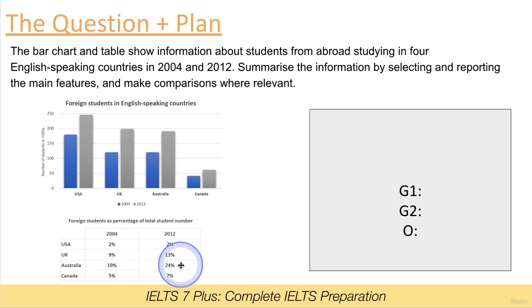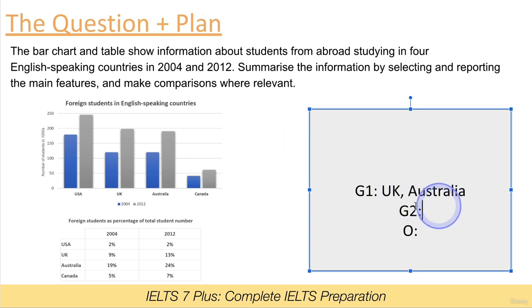Australia has a high percentage, followed by the UK, in fact. Maybe we'll do the UK and Australia because they have very similar figures and trends there. And then the USA and Canada have the lower percentages, even though they have vastly different numbers.